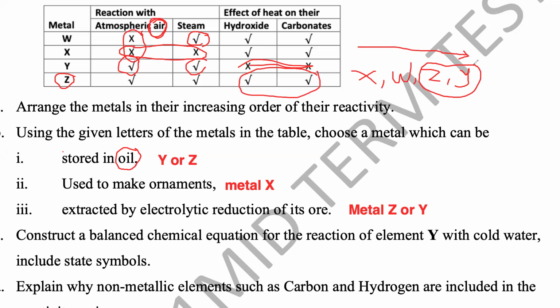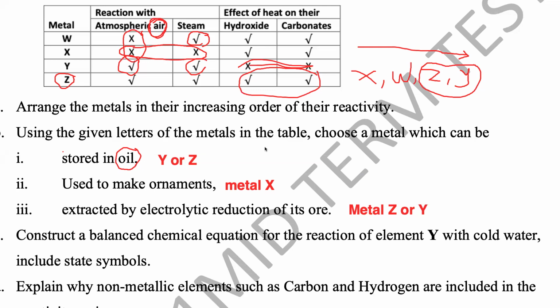Remember, from the activity series, the most reactive elements are the ones that can be extracted by electrolysis. So in our reactivity range there, we have to pick the most reactive elements.